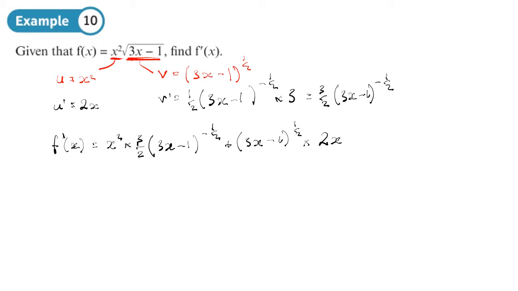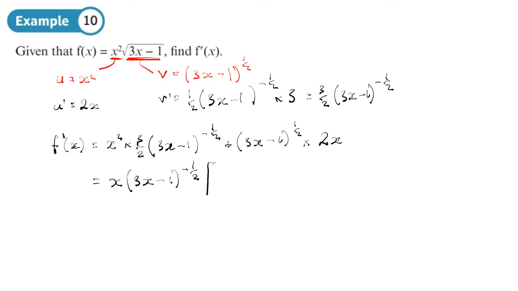Now I could actually factorize this, because both terms have x in. Both terms actually have 3x minus 1 to the minus a half as a factor.